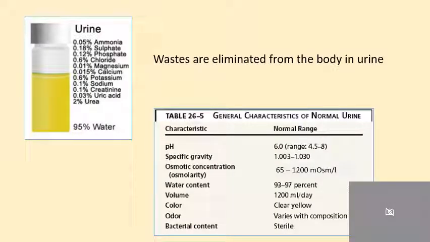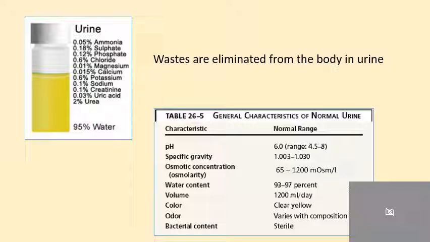Here we see the normal composition and characteristics of urine. On the left, we see that urine is mostly water, just like any body fluid. And we see that the most abundant solute in urine is urea, and that, you'll recall, is a waste product derived from protein metabolism. On the right, we see some additional characteristics of urine.